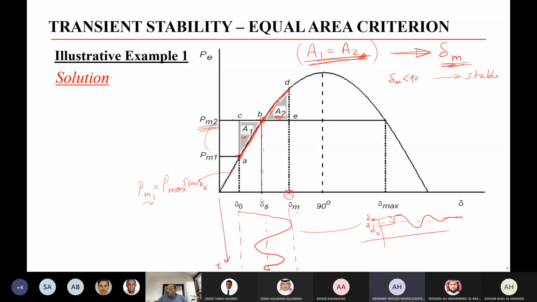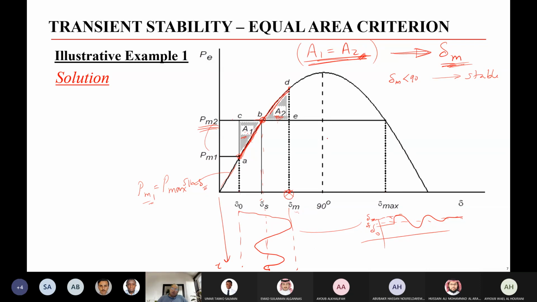Ayub Al-Hurani, do you have any? So, Doctor, delta M should be less than delta max.